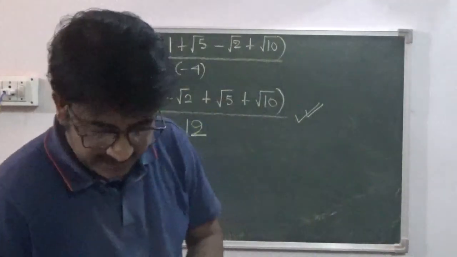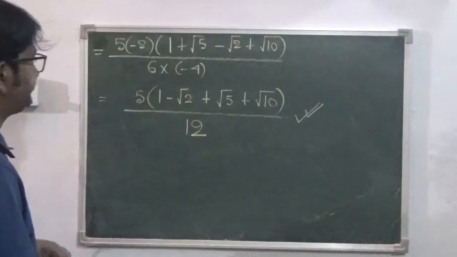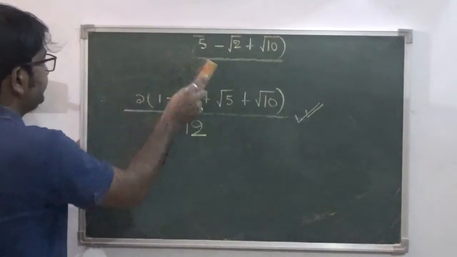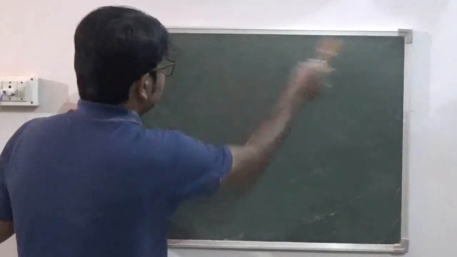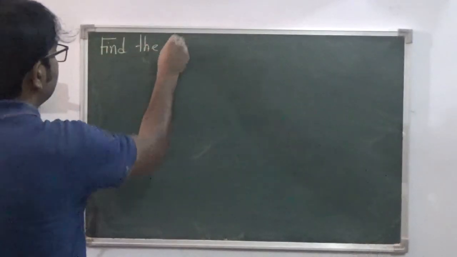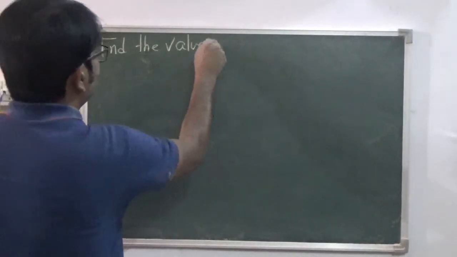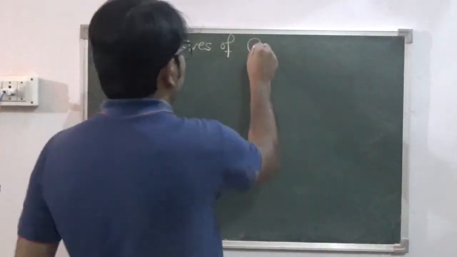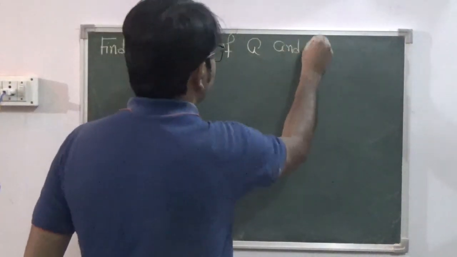Okay. The next question we take here is, find the values of A and B. So these are the different varieties of questions. The process remains the same.